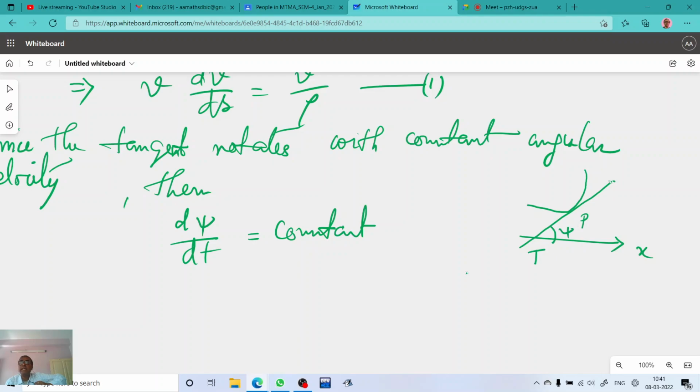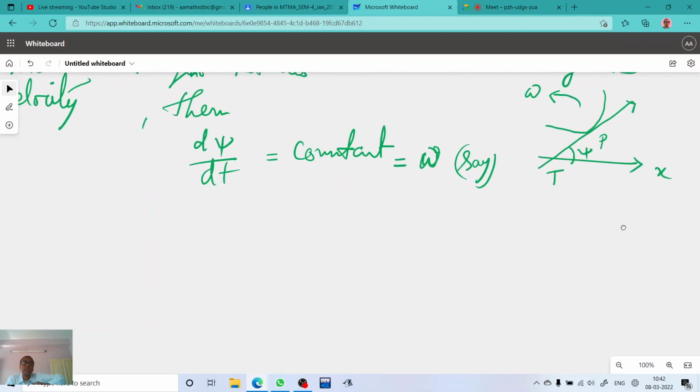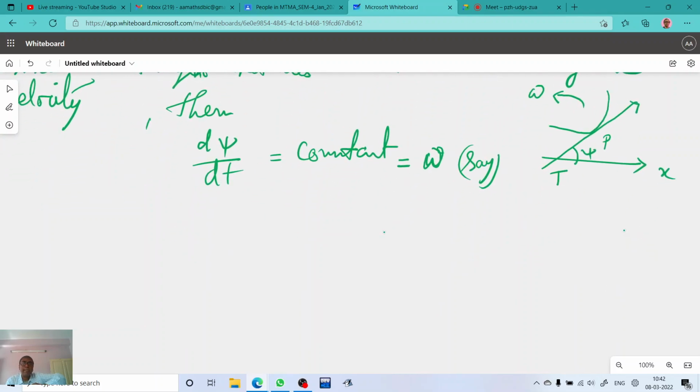If the tangent rotates with some constant angular velocity, call it omega, so d psi/dt is equal to constant, equals to omega. Omega is constant. So this is the second condition, number 2.